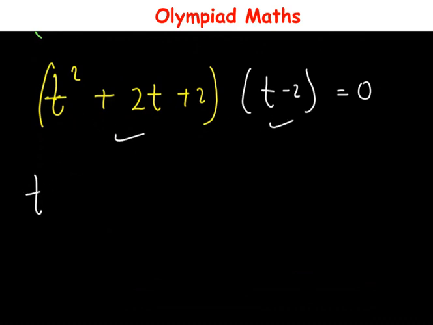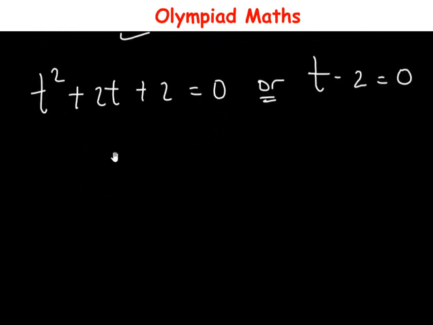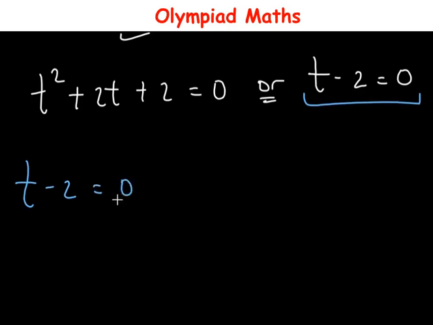So we have t squared plus 2t plus 2 is equal to 0, or t minus 2 is equal to 0. Let us first solve this linear equation, t minus 2 equals 0. Move minus 2 over to this side. The value of t is equal to plus 2. And this was the first solution of t that we got.